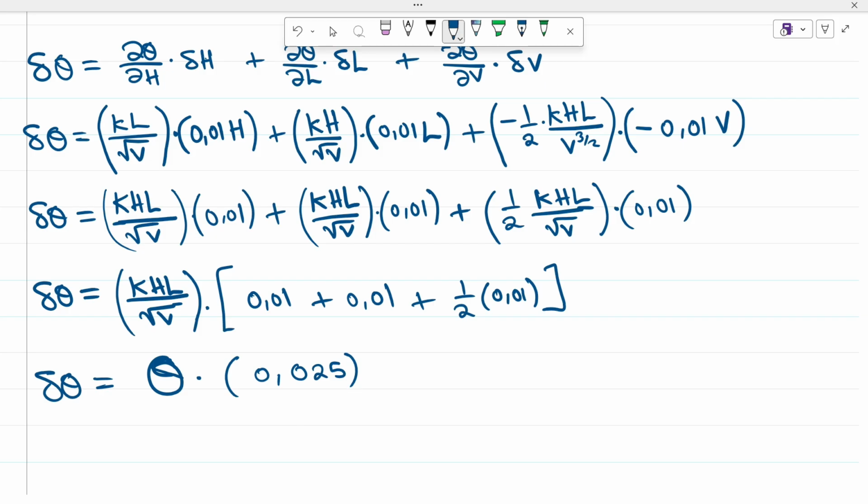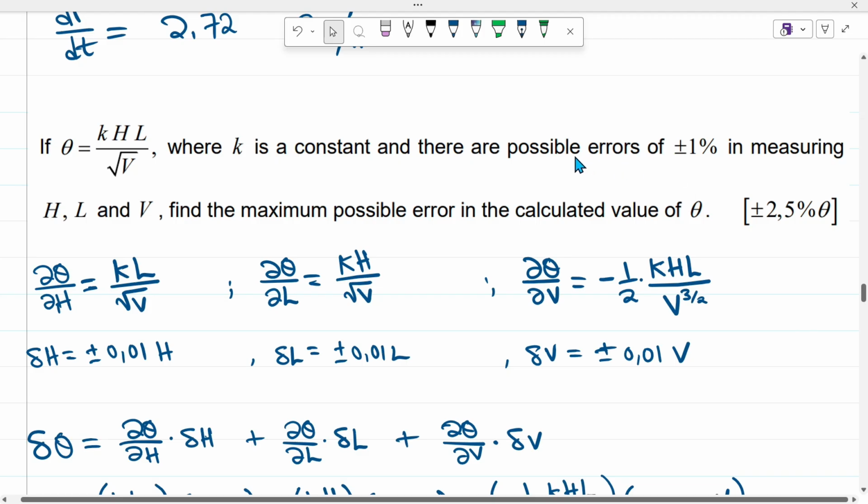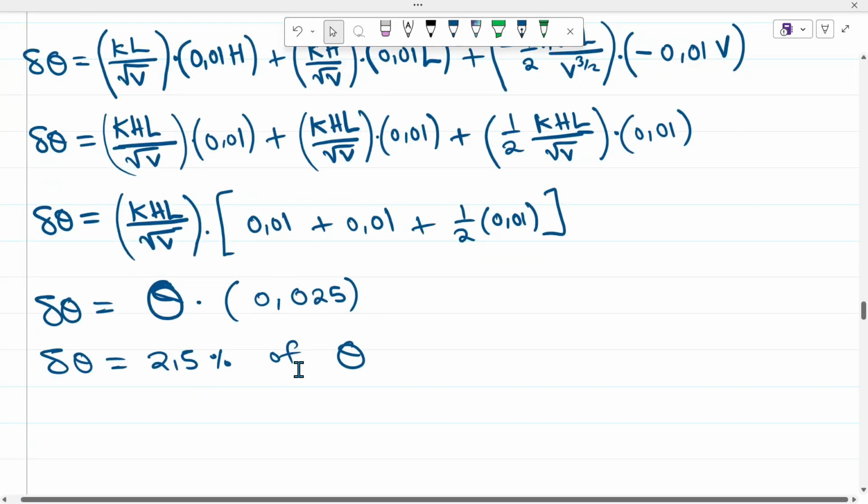And so this means that the maximum percentage change of theta is equivalent to 2.5% of theta. So we successfully managed to answer this question, which was the maximum possible error in the calculated value of theta. So we got 2.5% of theta.